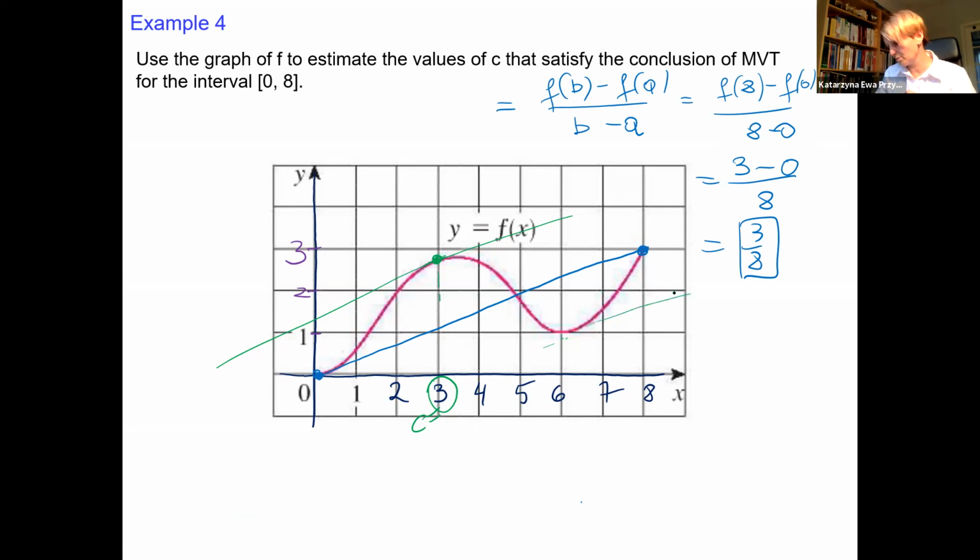Let's say 6.5, whatever you put will be good, but we know the idea. If we have this condition, we can always find this point. And of course, these c values are between 0 and 8, no question. You will be good with approximating.